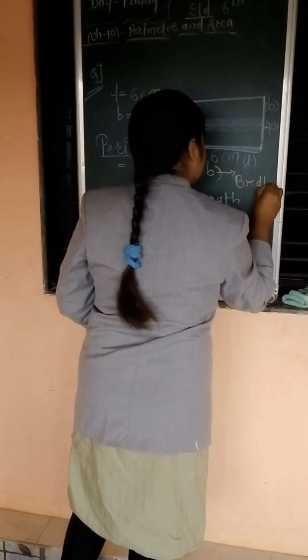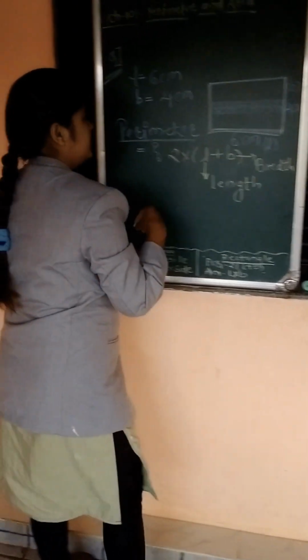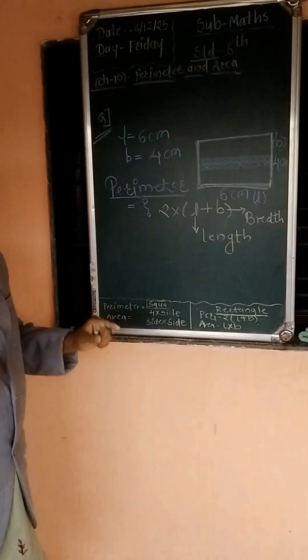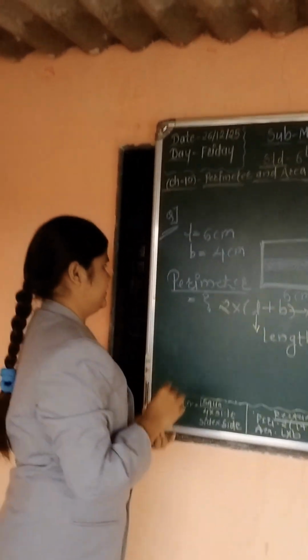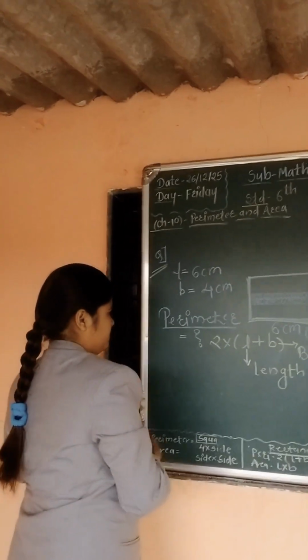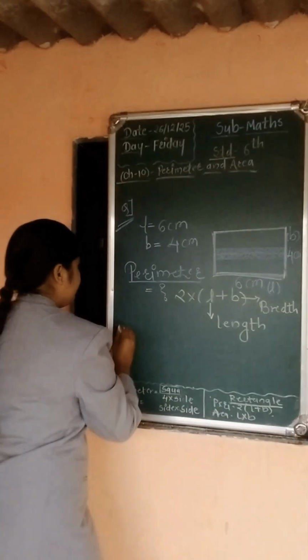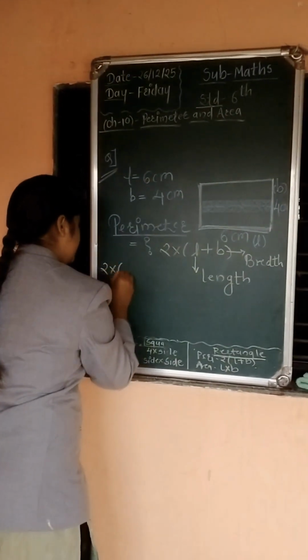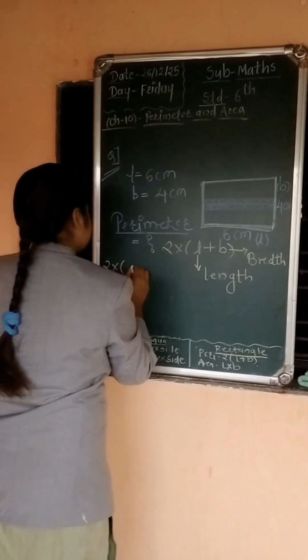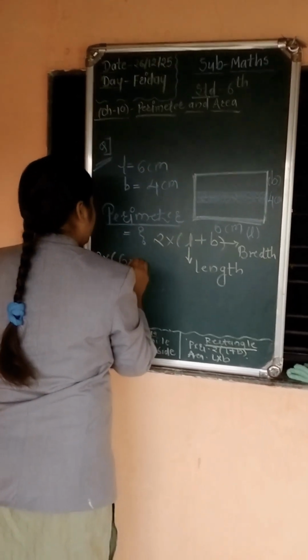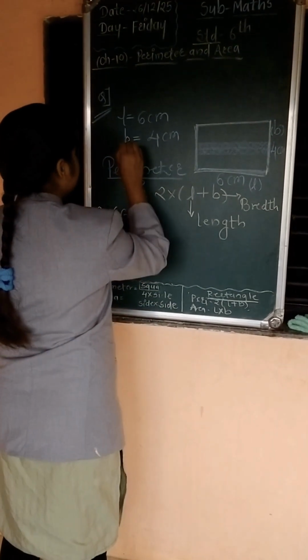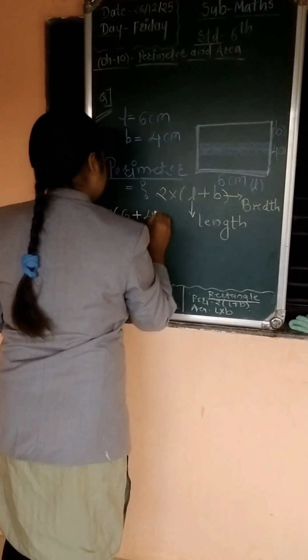Okay, so let's put the values of length and breadth in this example. L is 6 centimeter plus B, the breadth, is 4 centimeter.